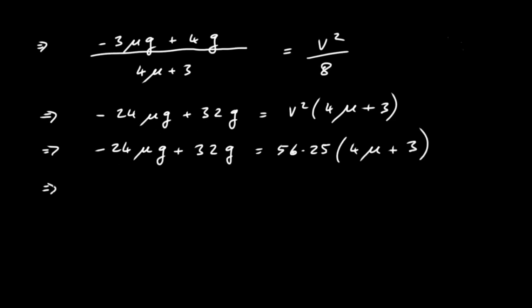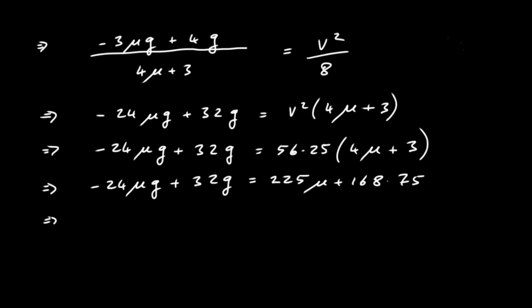Okay, next line then. We have minus 24 mu g plus 32g is equal to, I'm just going to multiply out this bracket. That'll leave me with 225 mu here plus 168.75 here. So let's just try and get mu on its own. So we have a mu here and we have a mu here, so I'm going to put those two together.